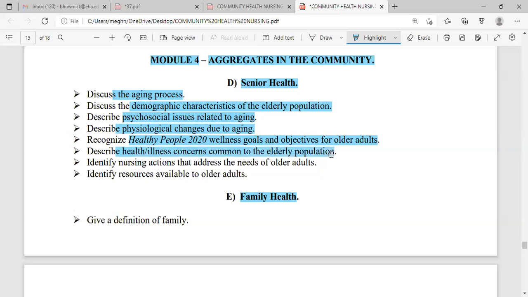So who has the most chance to be victimized? The elderly patient who has dementia, right? Most chance. Identify the nursing actions that address the needs of older adults. Identify resources available to the older adult.